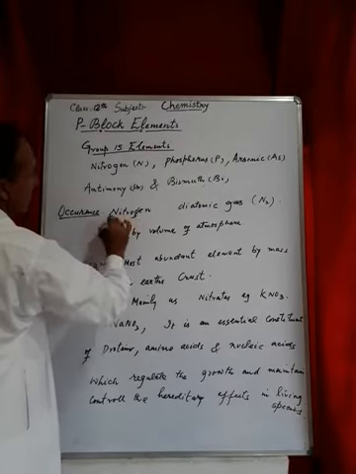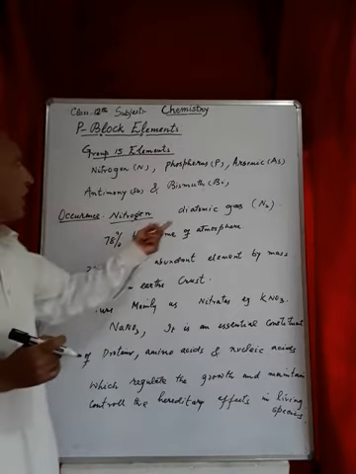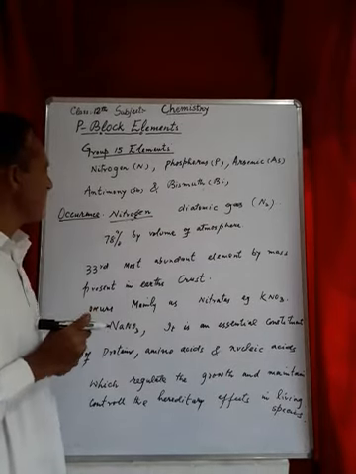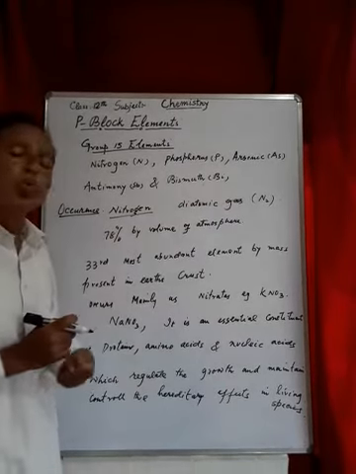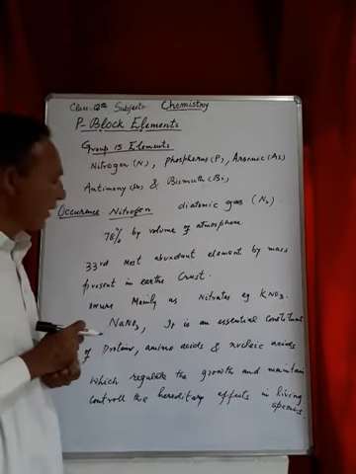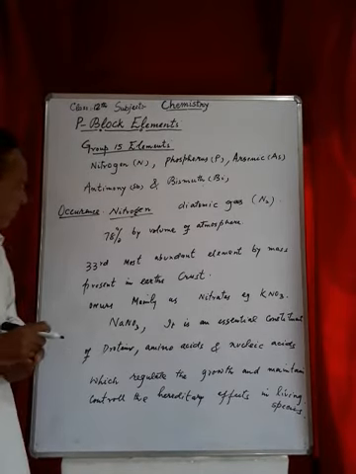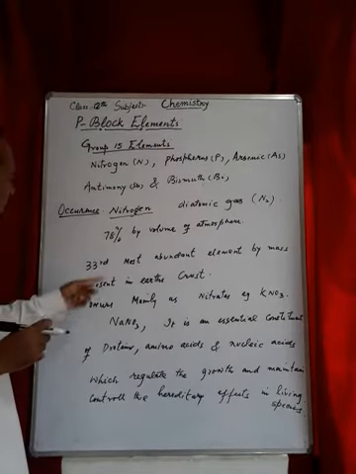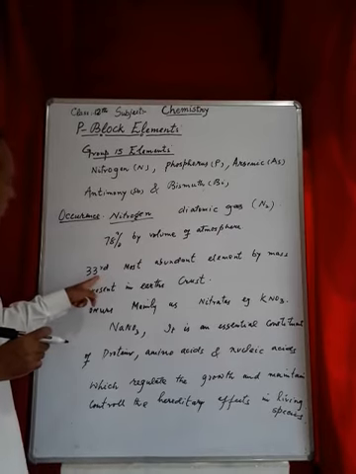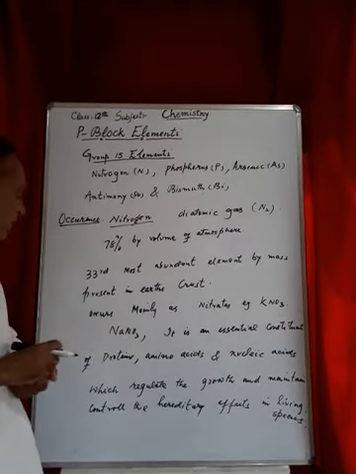Now the second is phosphorus. Nitrogen exists as a diatomic gas, N2. It is 78% by volume present in the atmosphere. It is not abundantly found in the Earth's crust, and it is only the 33rd most abundant element by mass in the Earth's crust.